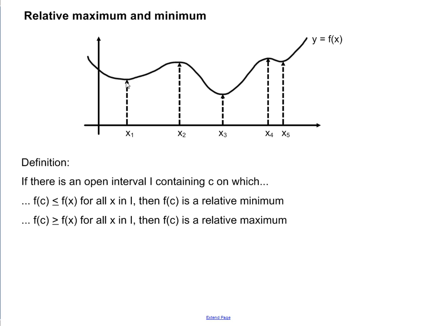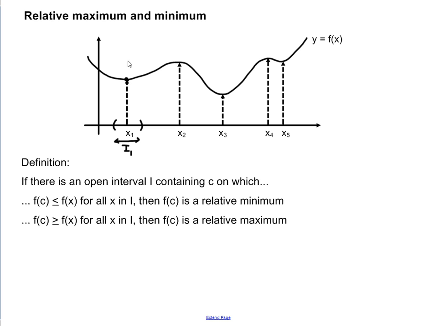Let's look at them. In this one, x1 could be considered a minimum point, and the reason why is that we build some small interval. We'll call that interval I. We're just giving it a name, that's all. So on this interval I1 right here, we look for all of the values of f of x in and around that point.